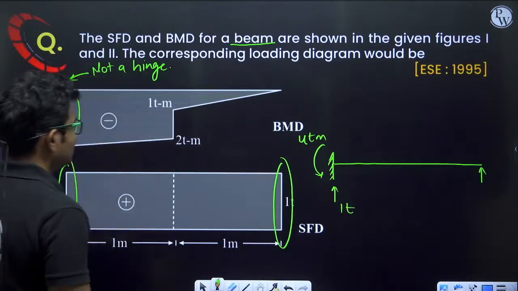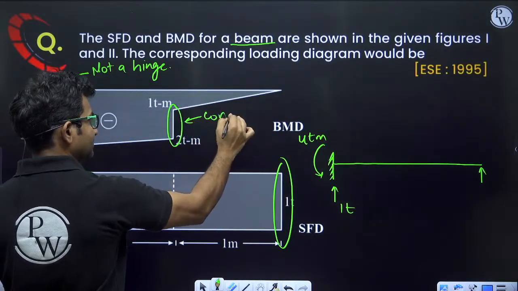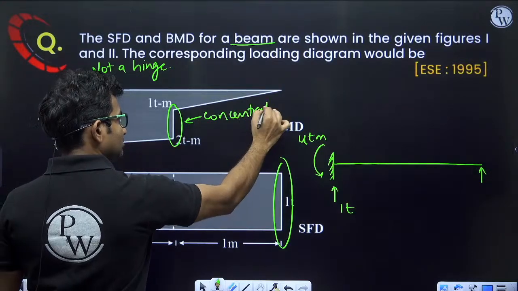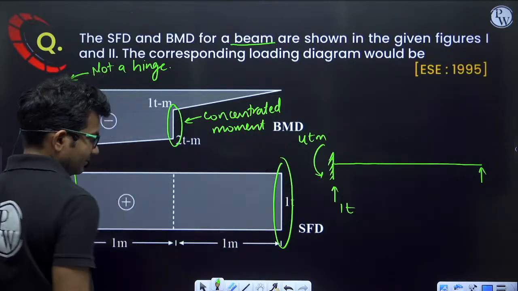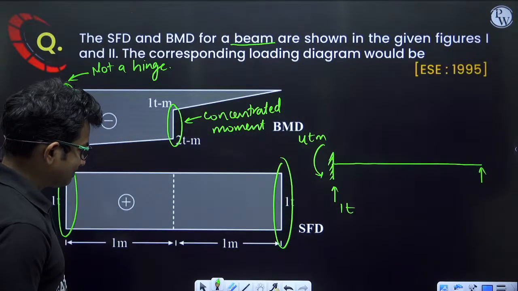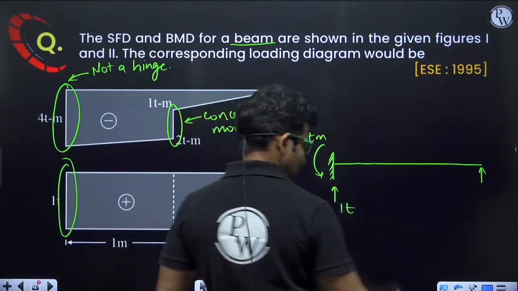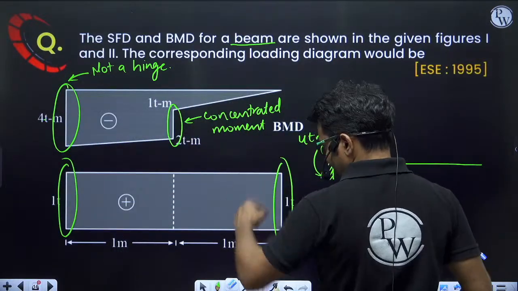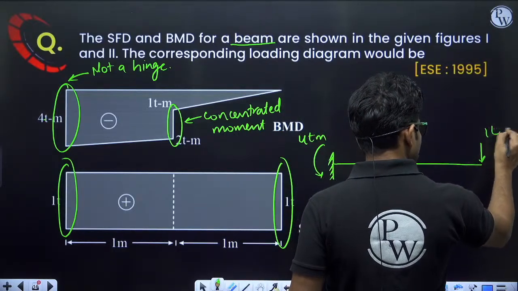This is the support moment and the vertical support reaction. Here there is a concentrated moment. At this location a concentrated moment is present. And here, since it is coming in the downward direction, we will be having 1 ton of force.